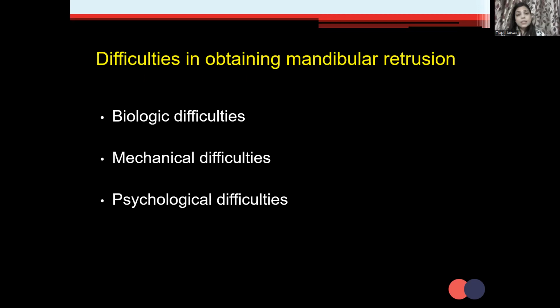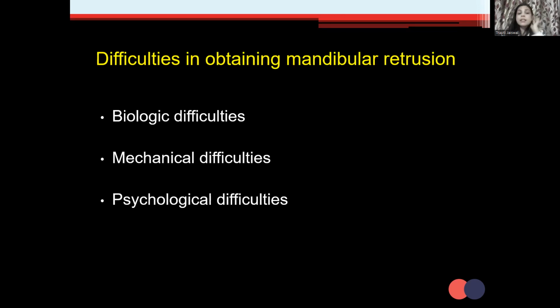What are the difficulties which can be faced in obtaining mandibular retrusion? It could be biological difficulties, like temporomandibular joint disturbances, and mechanical difficulties, like the different kinds of methods used. If we are using more pressure with any of the methods, or using any improper material in registration of the record, that can affect the record obtained.